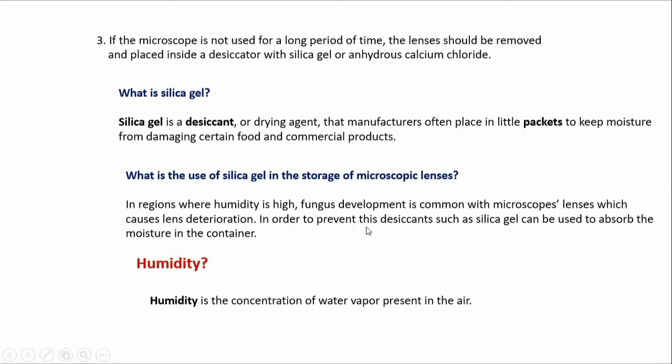In order to prevent this, desiccants such as silica gel can be used to absorb the moisture in the container. So when humidity is high in a particular area, fungus development arises, and this can cause harm to the microscopic lenses. So we add silica gel, which is a desiccant or a drying agent, which will in turn absorb all the moisture in the container. Alright, so let's move on.